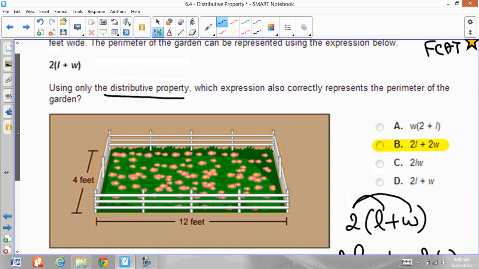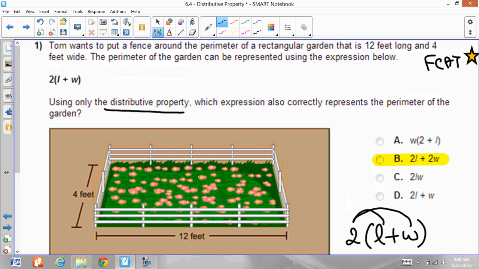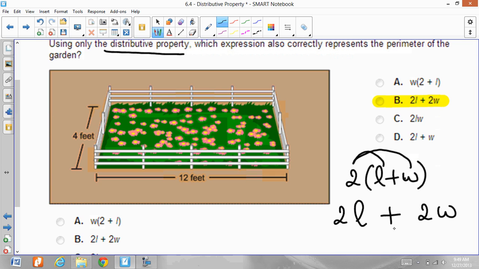You do not replace anything for L or W. They're asking, using only the distributive property, which expression also correctly represents the perimeter of the garden. So basically they want you to take this expression and match it with the answer choices by using the distributive property. Understanding the question is half the job, and when you're distributing, 2 goes for the L, 2 also goes for the W, so you make sure that you put the arrow for the first, the arrow for the second, and that gives you 2L plus 2W.